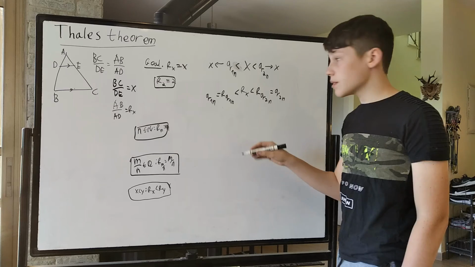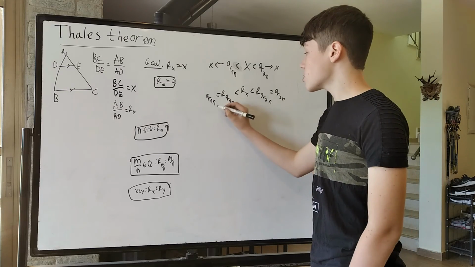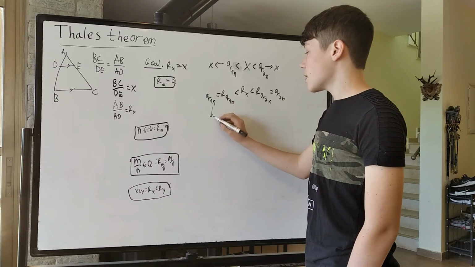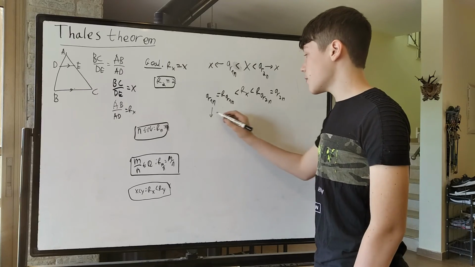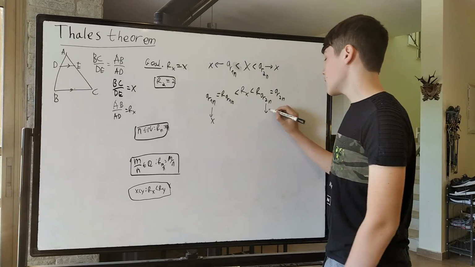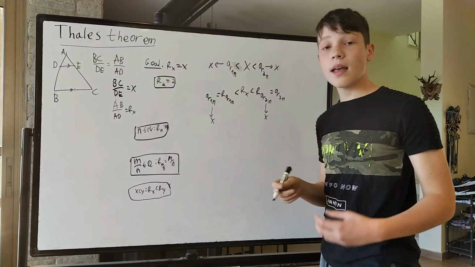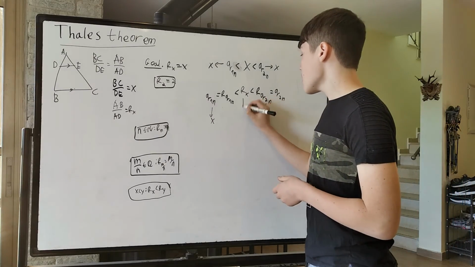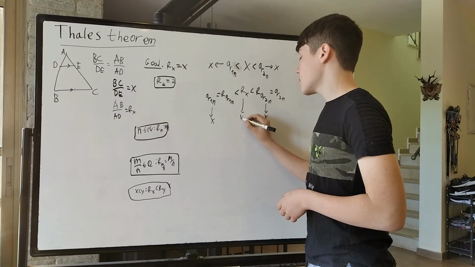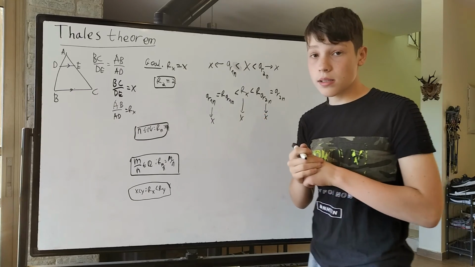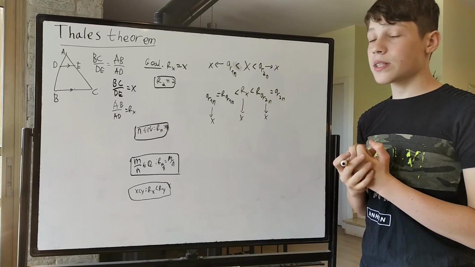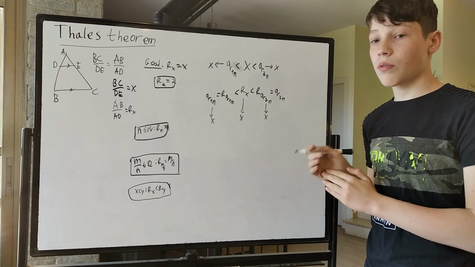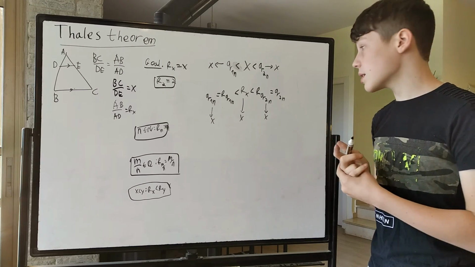And now let's let n tend towards infinity. And as n tends towards infinity, this tends to x, this tends to x, and by sandwich theorem, Rx also tends to x. But because Rx is a constant, so the series Rx is just the same number over and over, it approaches itself.